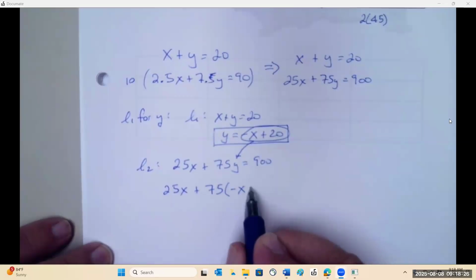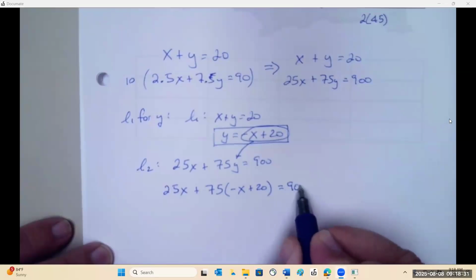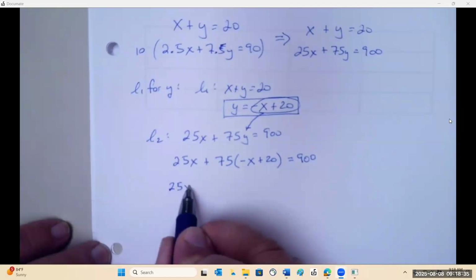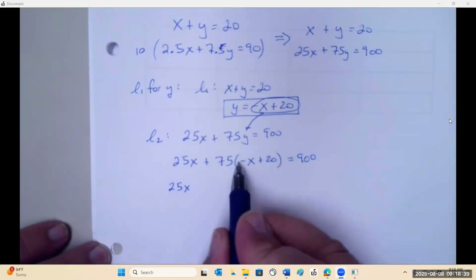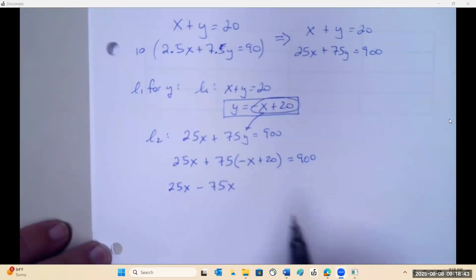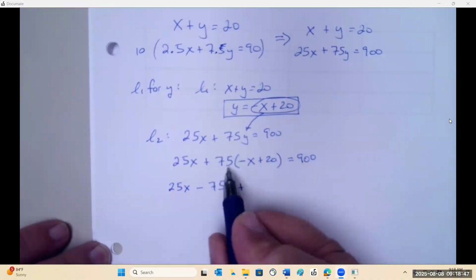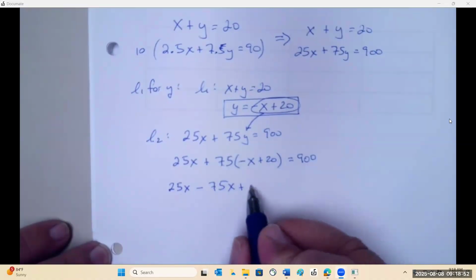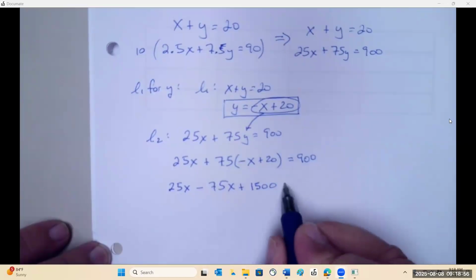So it's 25x plus 75 times negative x plus 20 equals 900. So we have positive 75 times negative x, so it's negative 75x. Positive times positive is positive. 75 times 20: 75 times 2 is 150 with a 0 behind it.